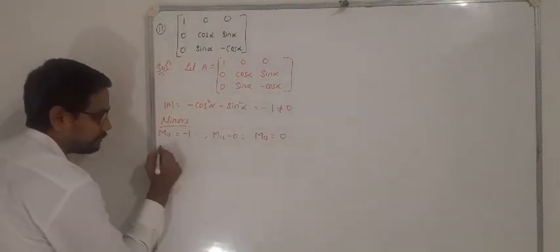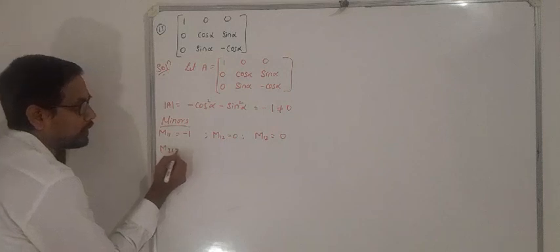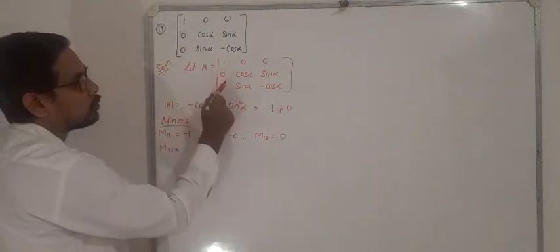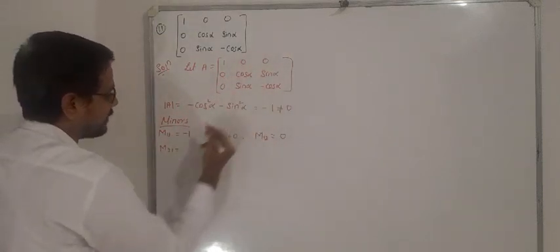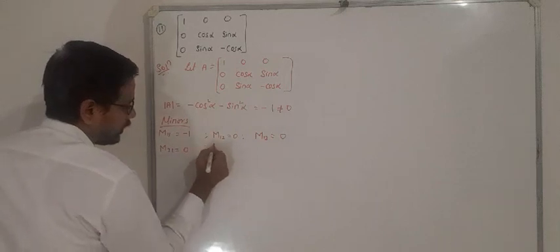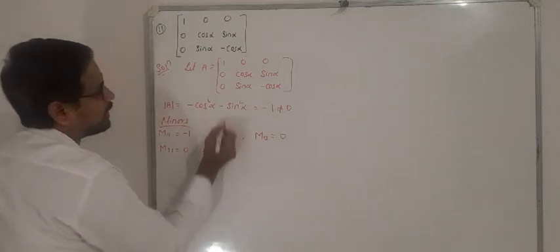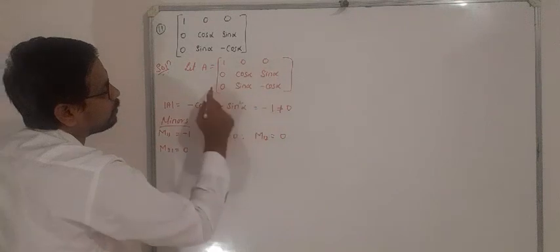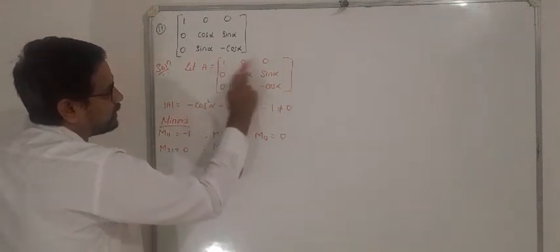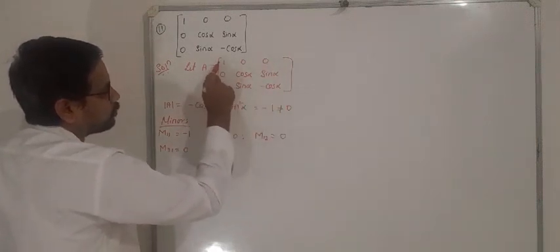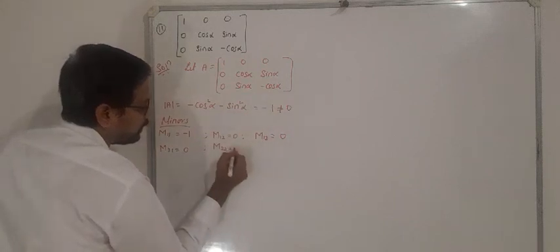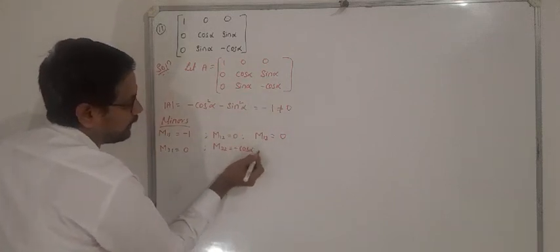M21, the minor of A21: 0 into 0, sin alpha into minus cos alpha, that is 0. M22, the minor of this one: 1 0 0 minus cos alpha, so it will be 1 into minus cos alpha, minus cos alpha.